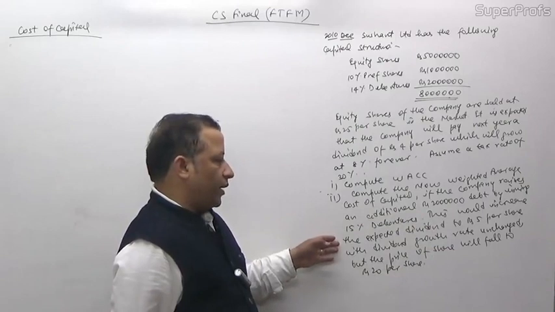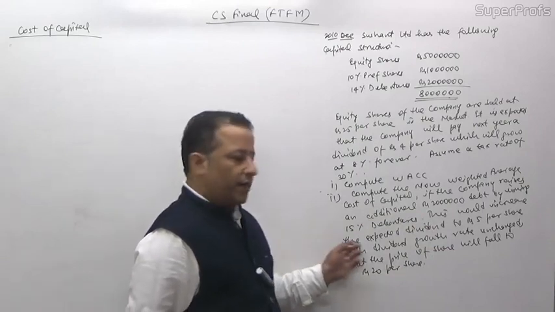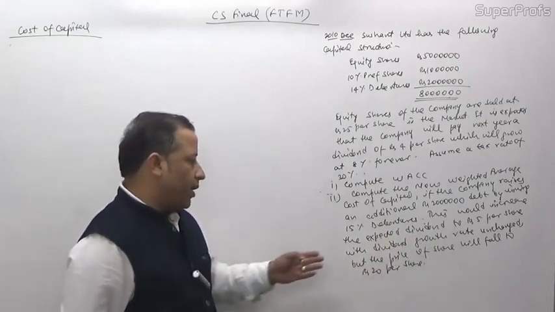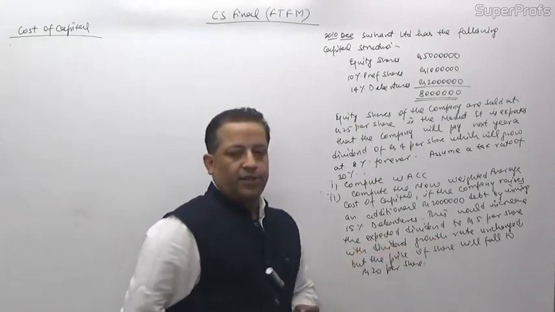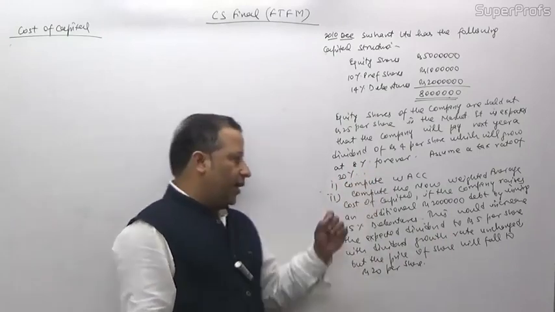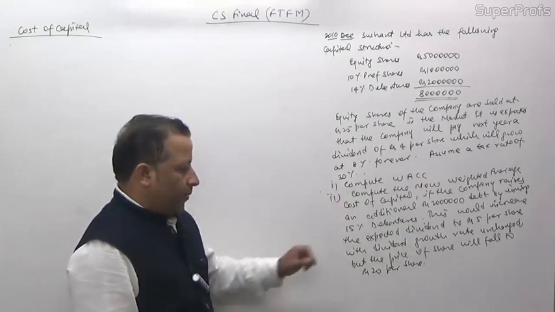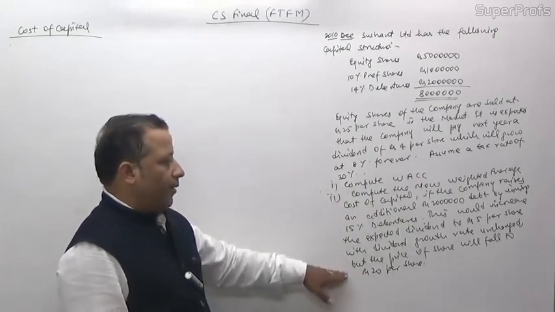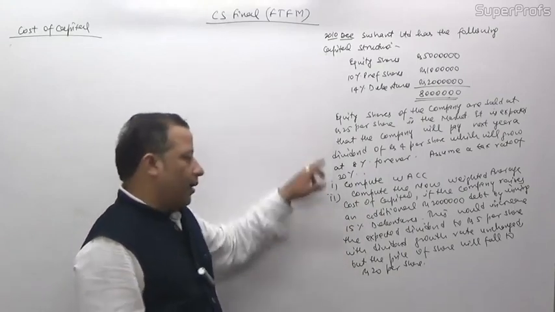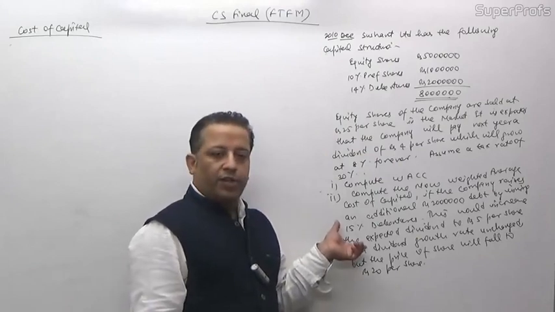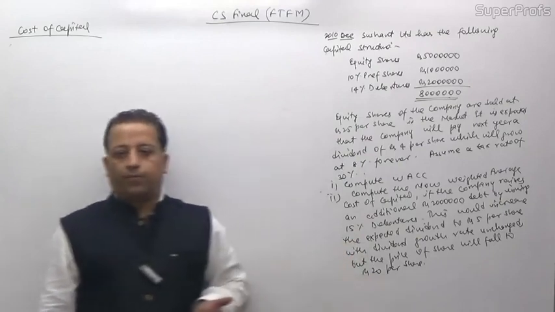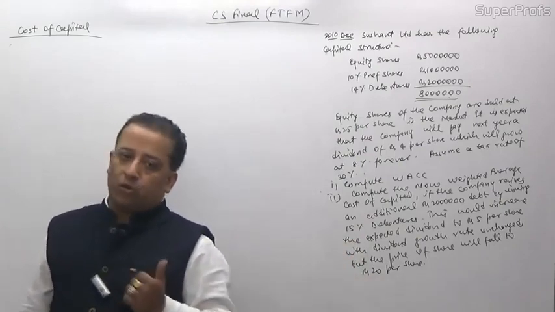The expected dividend will increase from rupees 4 to rupees 5 per share with dividend growth rate unchanged, but the price of the share will fall to rupees 20 per share. Previously the price was rupees 25 per share, but due to the additional funds in the capital structure, the market price falls from 25 to rupees 20 per share.